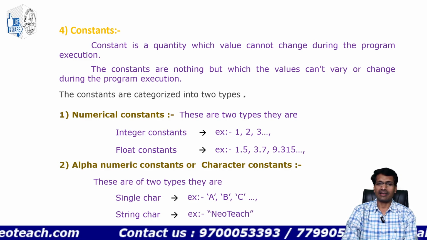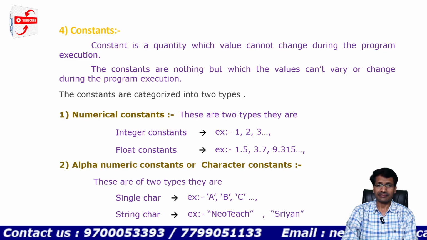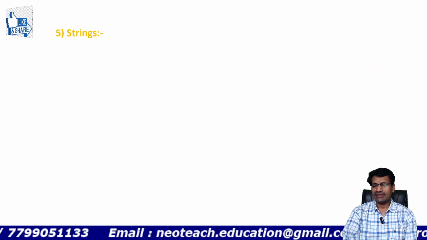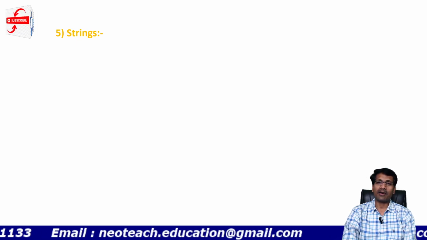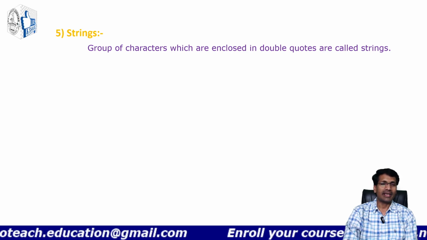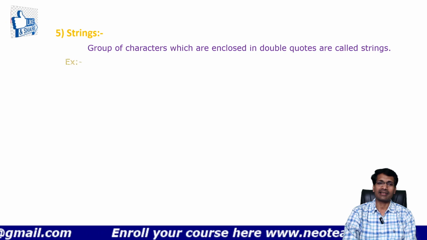Examples are given here. Next, the fifth thing is strings. As I said, a string is nothing but a group of characters enclosed within double quotes. We have a separate chapter for strings, where I will cover that.